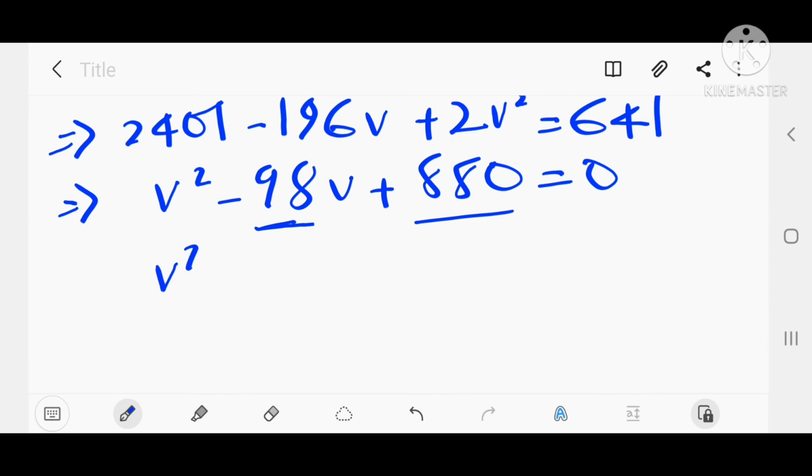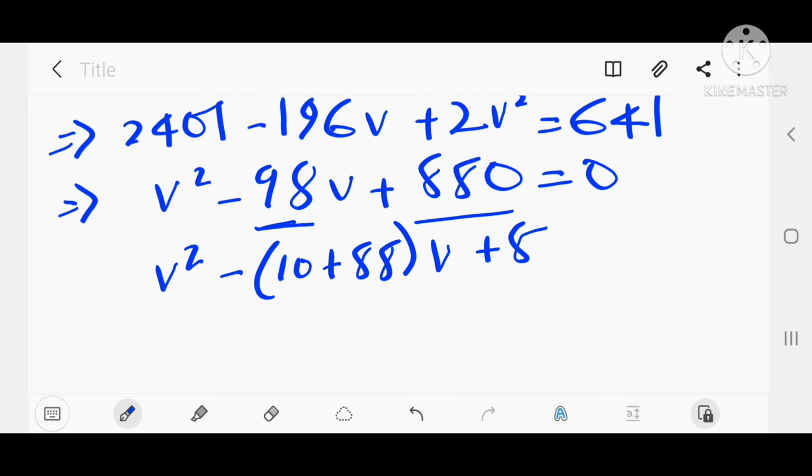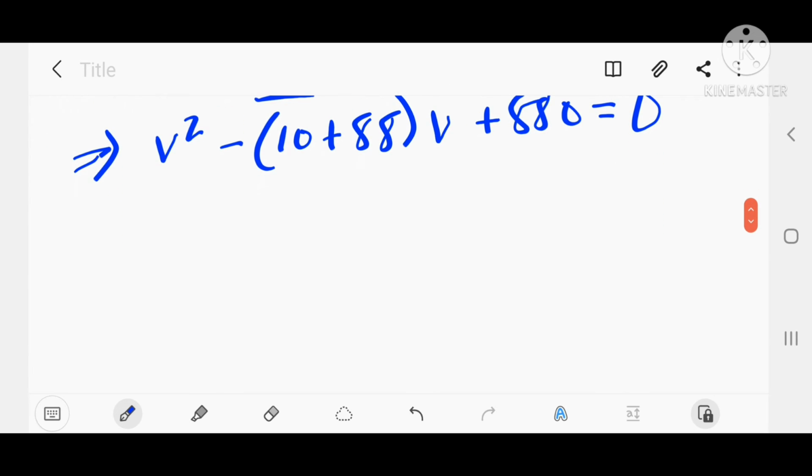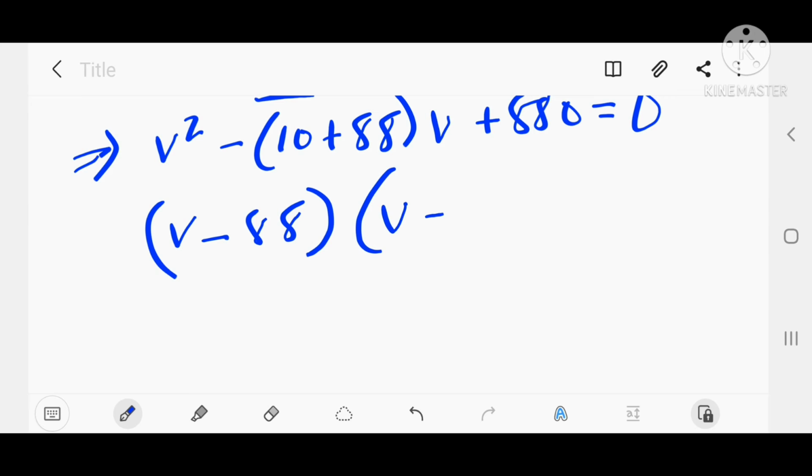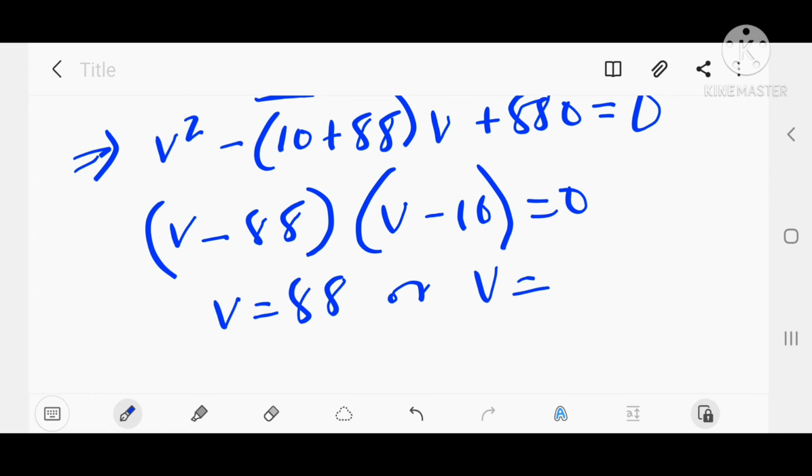So that is v squared minus (10 plus 88)v plus 880 equals 0. Factorizing, you get v minus 88 and v minus 10 equals 0. So we have v equals 88 or v equals 10.